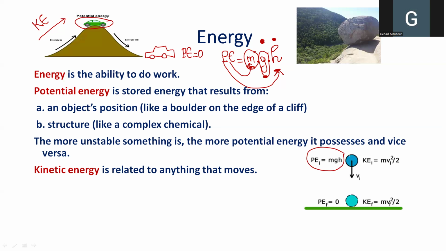When the falling ball was above the level of the ground, it had a potential energy equal to the mass multiplied by the acceleration due to gravity multiplied by height. And when this particle was left to fall down, it fell with a velocity v1. But when it reached the ground and stopped, the potential energy is now zero.